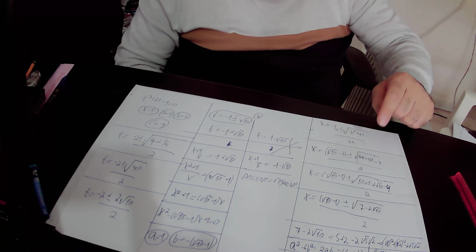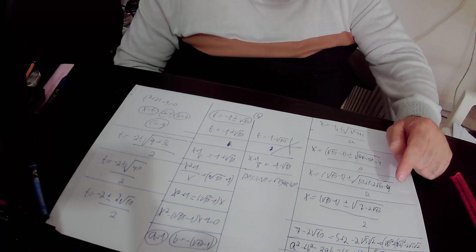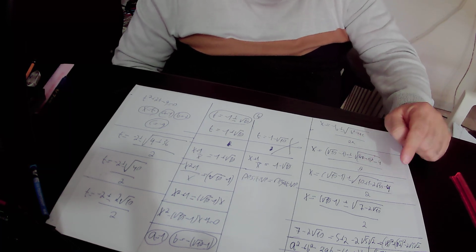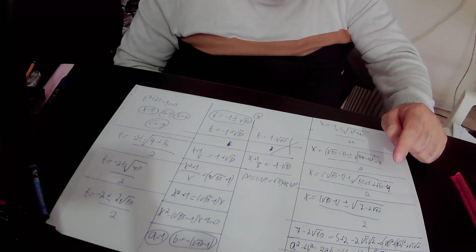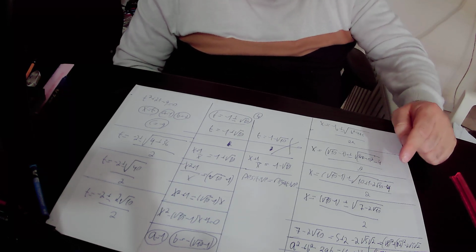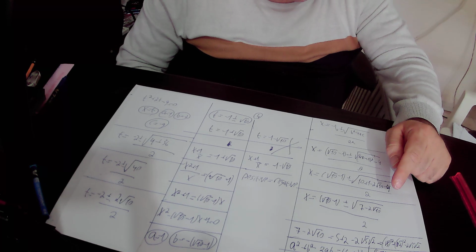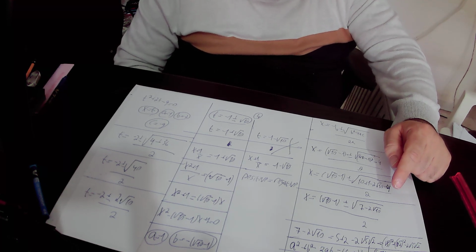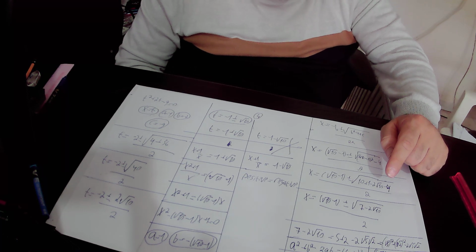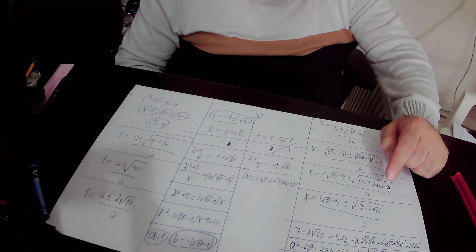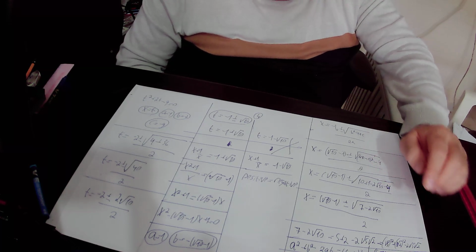So 10 plus 1 is 11, 11 minus 4 is 7. So in conclusion, inside the root we have 7 minus 2 times square root of 10, and x equals square root of 10 minus 1 plus minus square root of 7 minus 2 times square root of 10, over 2.